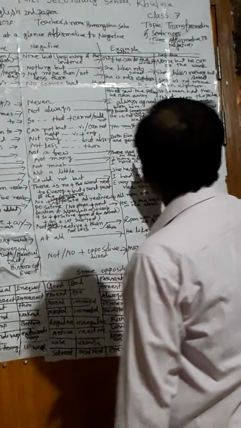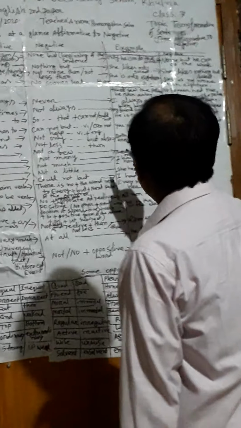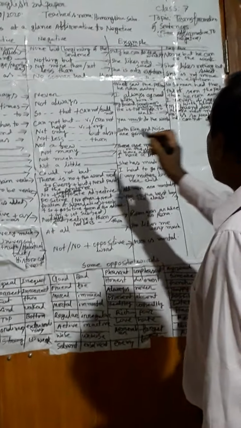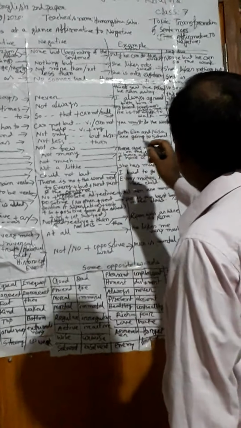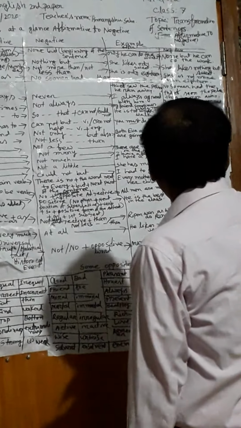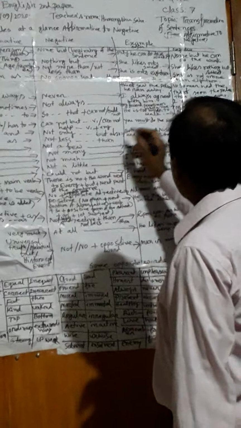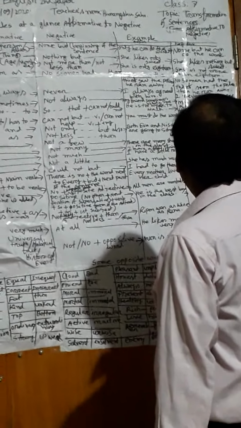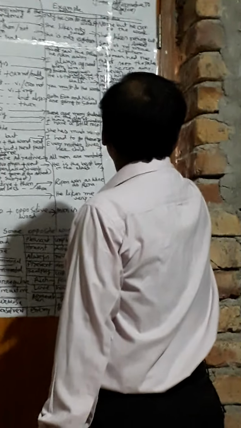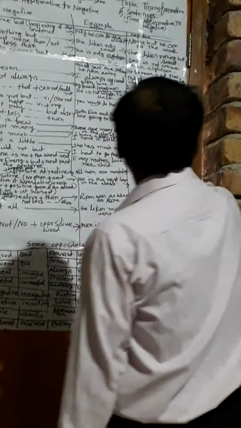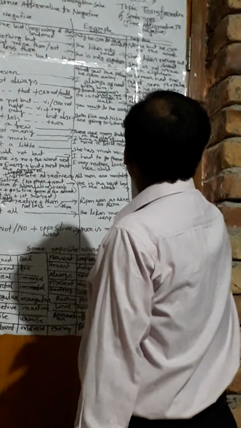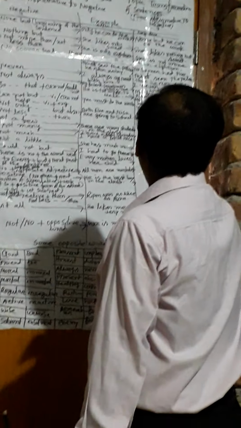You have to use cannot but or cannot help. If you use cannot help, then you have to use V1 plus ing. I only use here cannot but instead of must. You cannot but do the work.